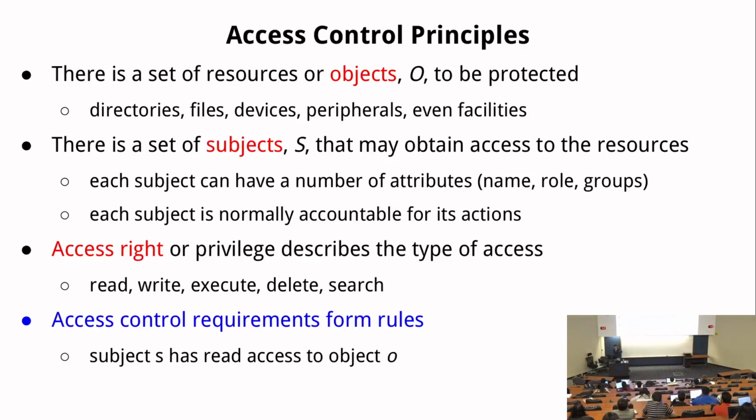For example, in Unix, each process has a UID, has a group ID. So it is associated with a user. So a process can do many things. A process can open a file, can read a file, can delete a file, can add things to a file, to write to a file, right? So all of those are just different access rights.